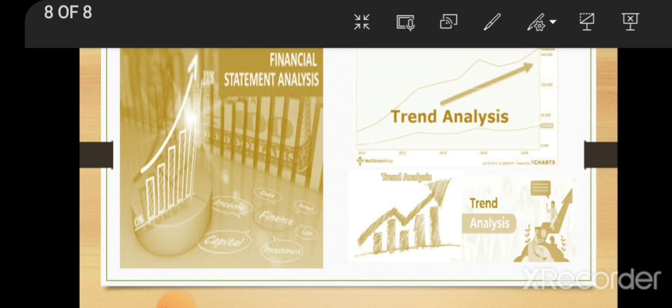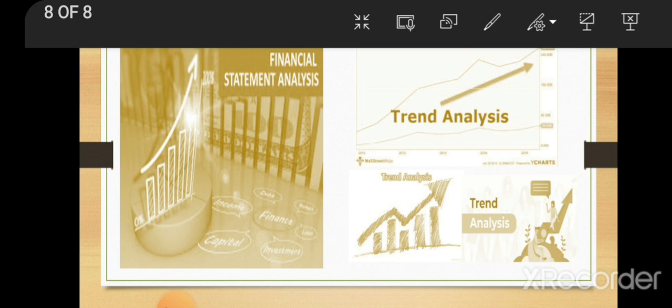In such a case, it is necessary to prepare a statement of the profit or loss or balance sheet for many years, and taking any previous year as base, the trend or changes in the financial position can be prepared. When the financial statements of a number of years are analyzed, the analysis is called trend analysis.